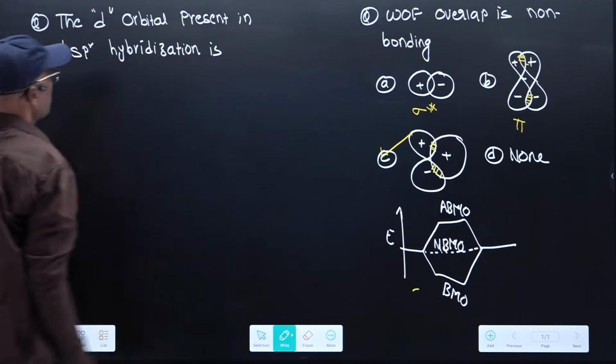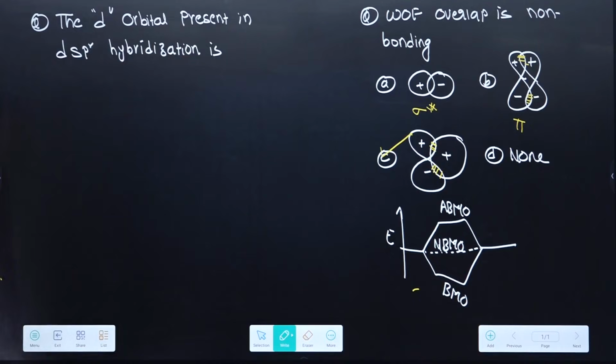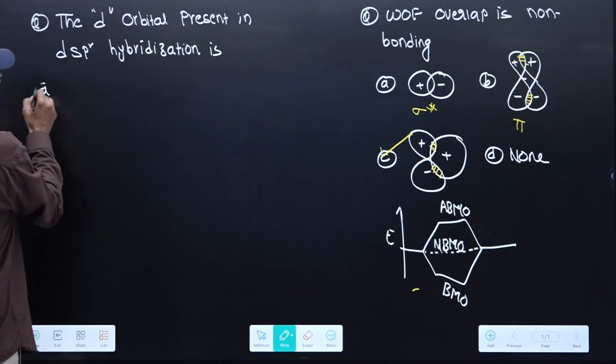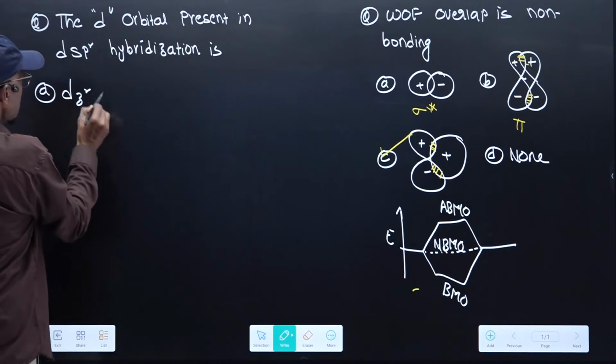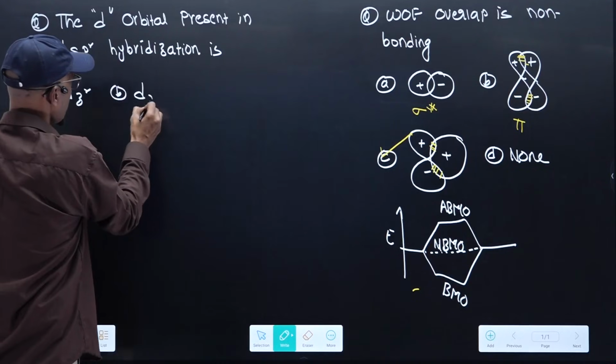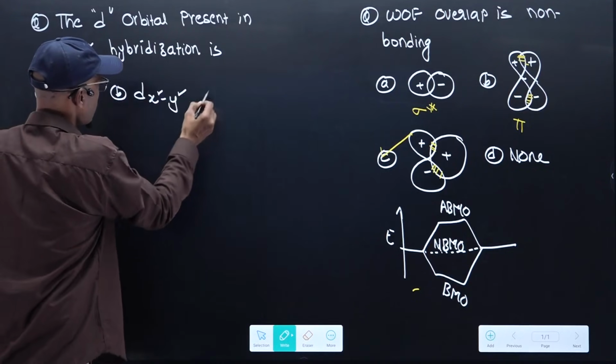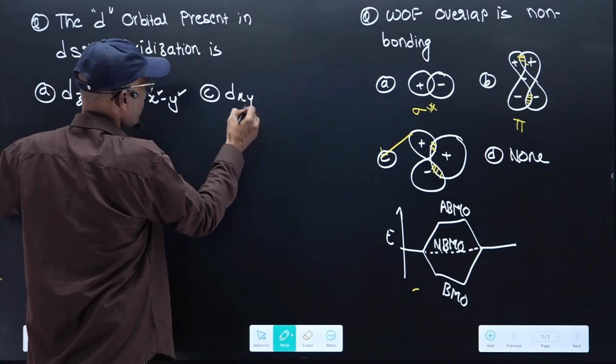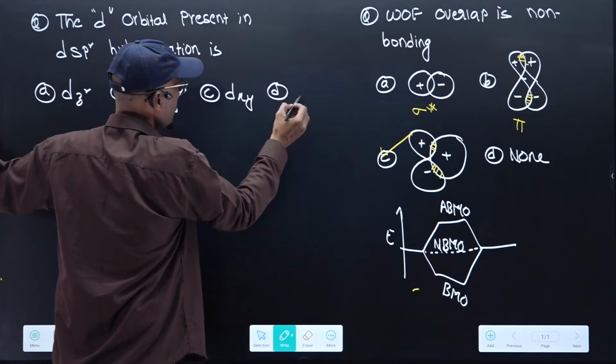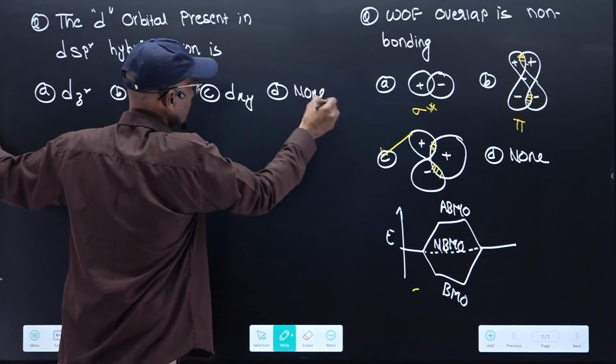So what is the d orbital present in dsp2 hybridization? What type of d orbital is present? dz square, dx square minus y square, dxy, option D, none.